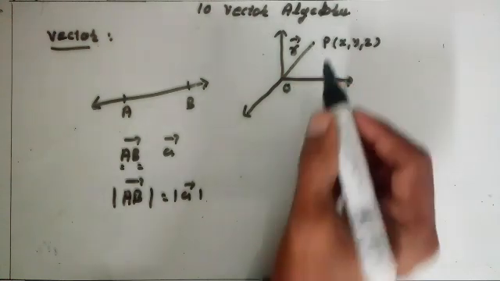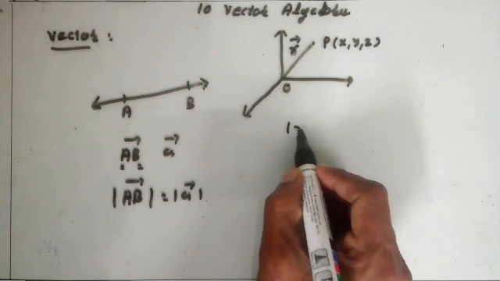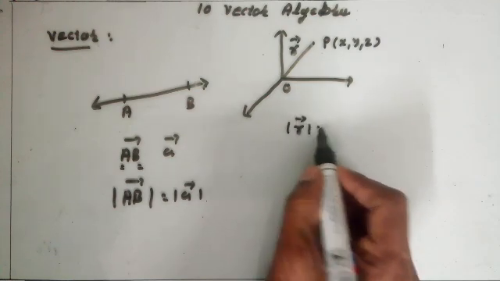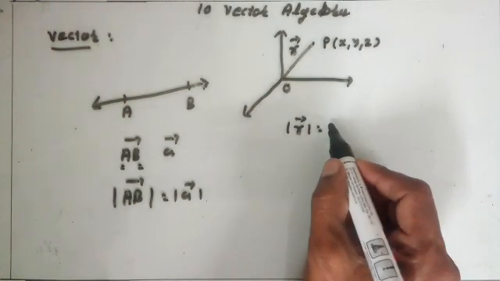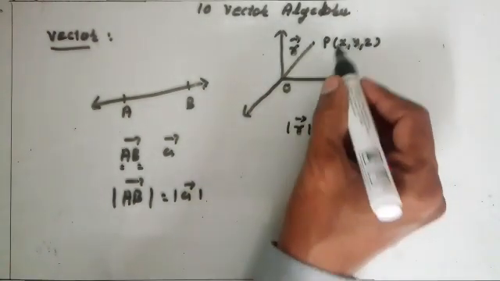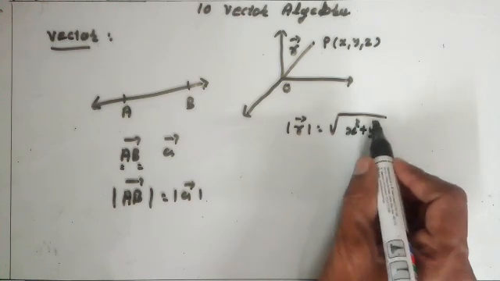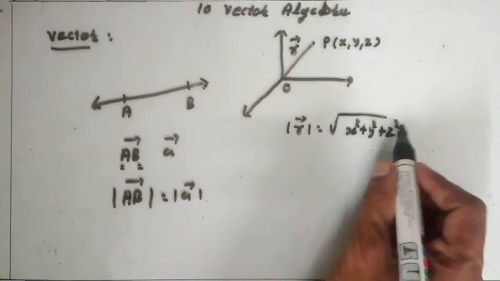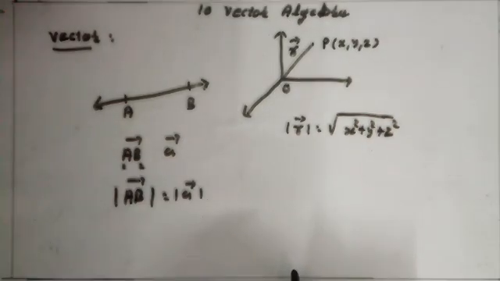Length of OP is called magnitude of vector R and is equal to, by the distance formula, root of x minus 0 square, that is x square, plus y square plus z square. Clear?